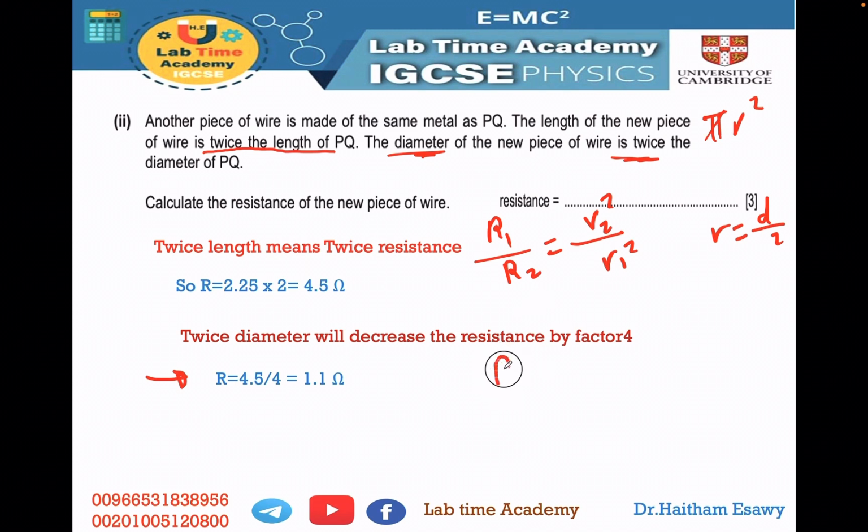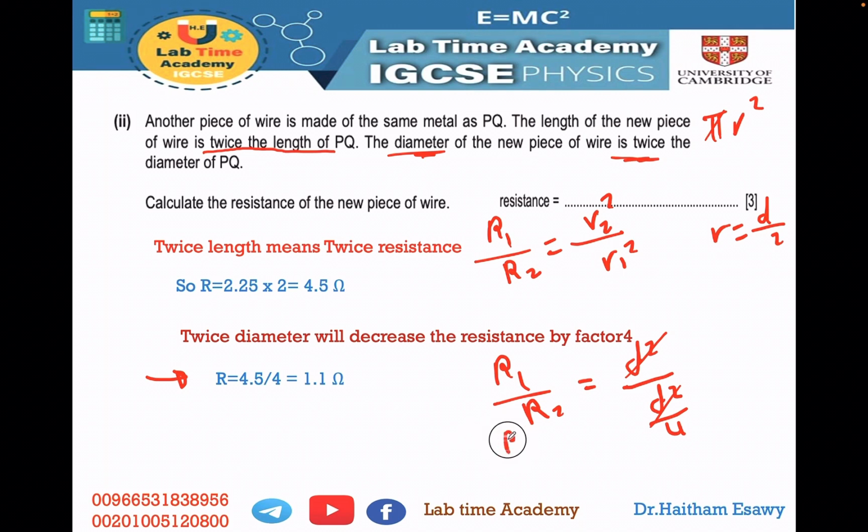So R1 over R2 will be equal, he said twice, so 2D over 2 will be squared. So it will be D squared over 4. So D squared will be cancelled with D squared.